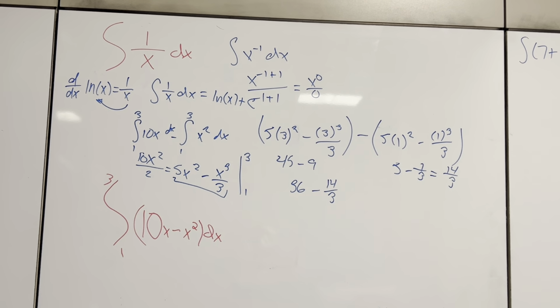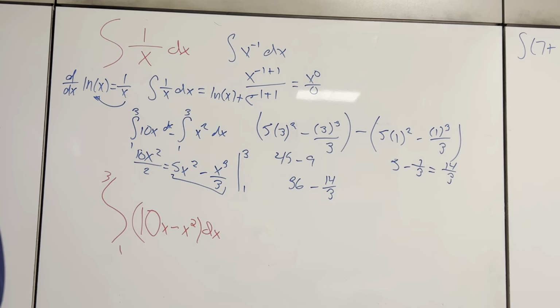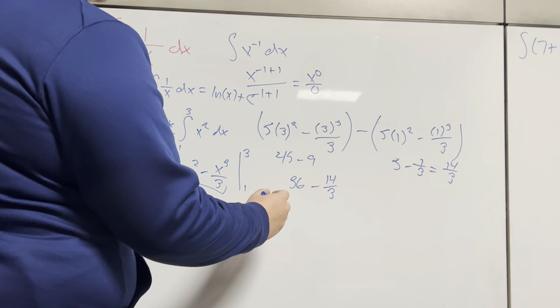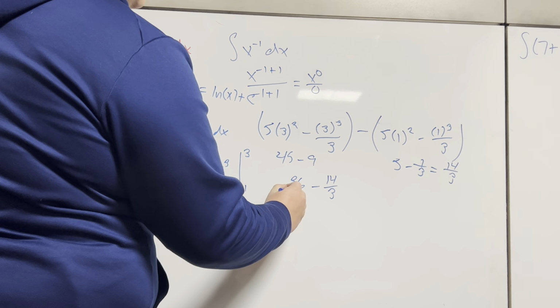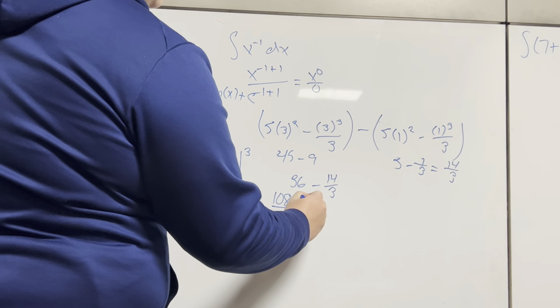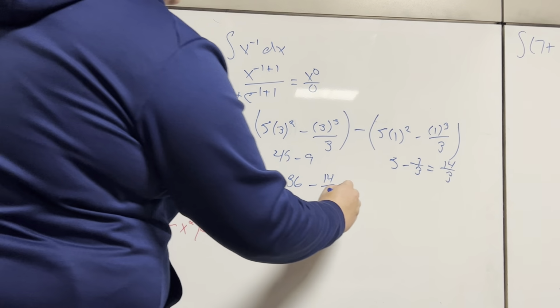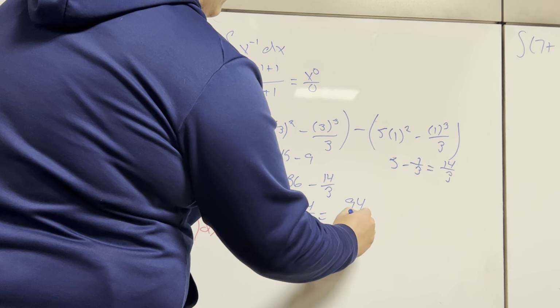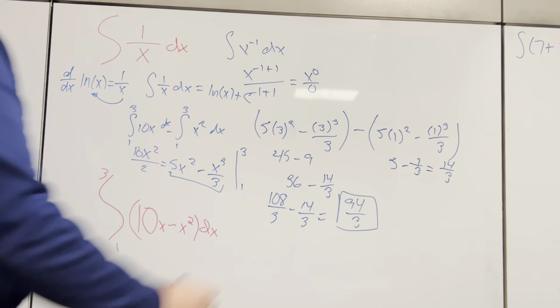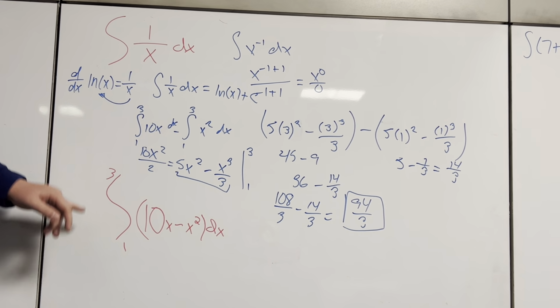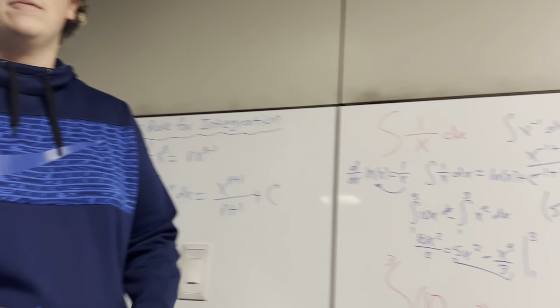And if we want, we can simplify this. So we could really make this 36 into 108 over 3 minus 14 over 3, which would end up giving us 94 over 3. So that is the area from 1 to 3 under this curve.